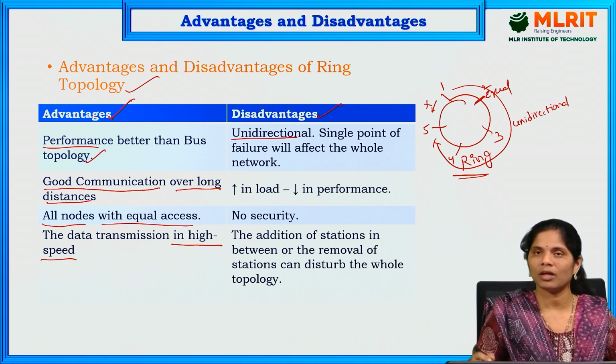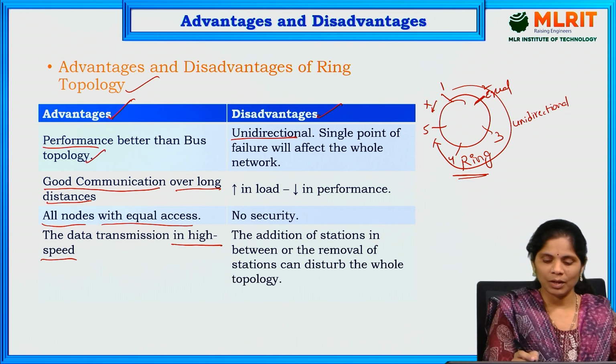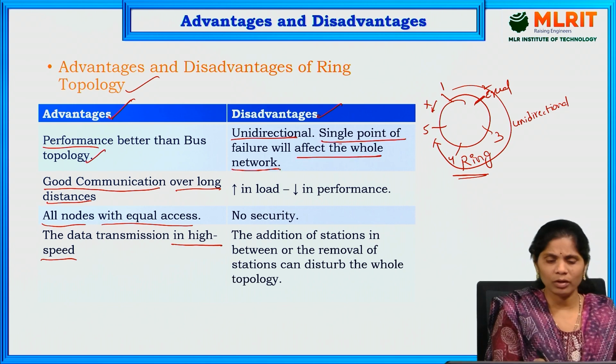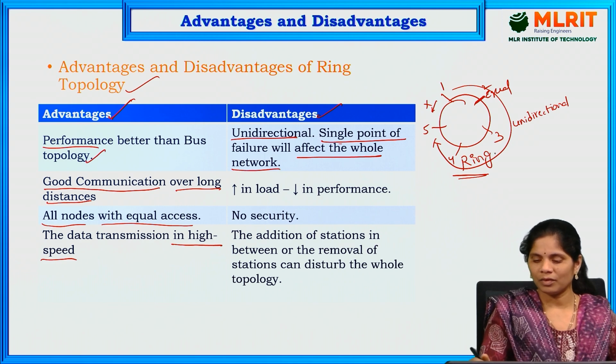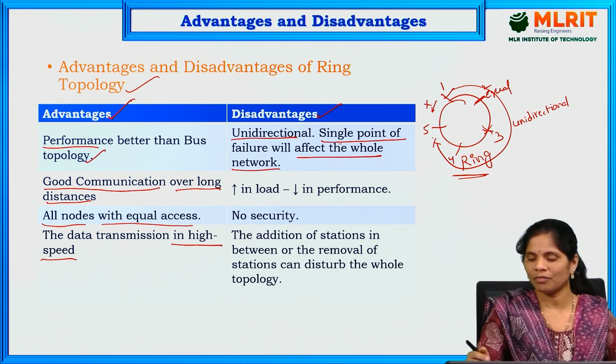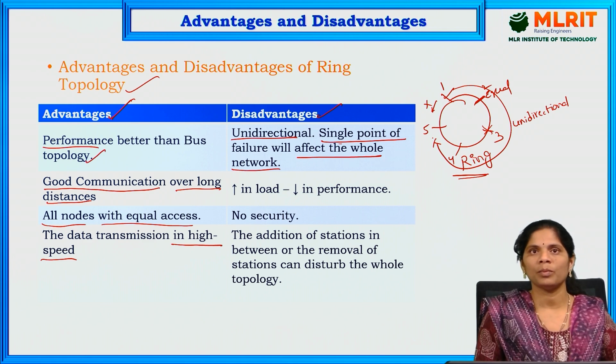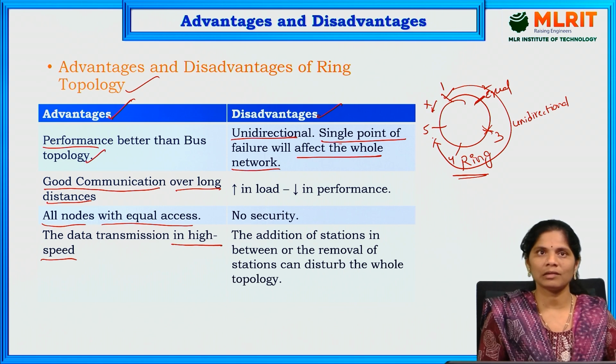At the same time, a single point failure will affect the whole network. Suppose I want to transfer the data from 1 to 5, and device 3 has failed, then the network fails, meaning the whole network is affected. This is a disadvantage in ring topology.